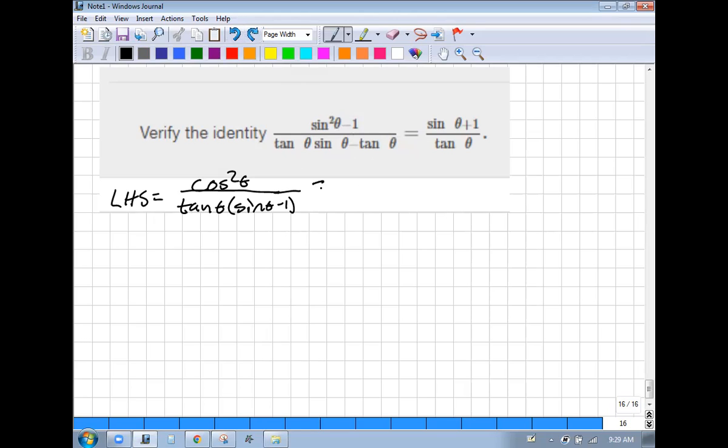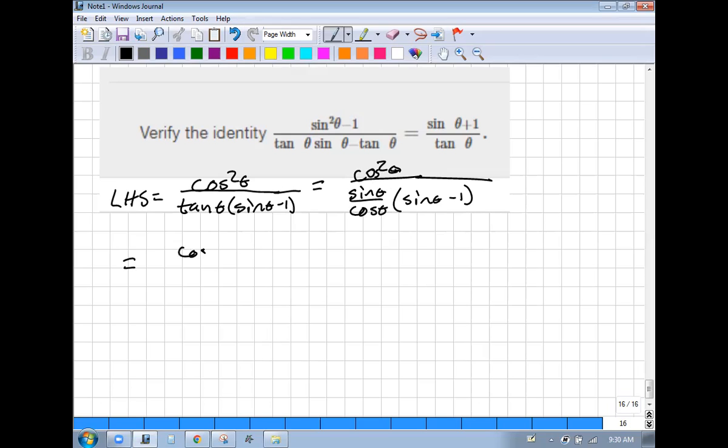So now it's not any simpler, right? Now I got three trig functions instead of just two. But let's go ahead and get rid of this tangent here. Let's replace tangent with sine over cosine. Okay, there we go.